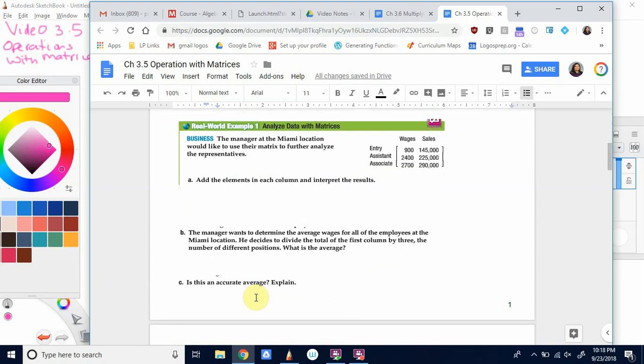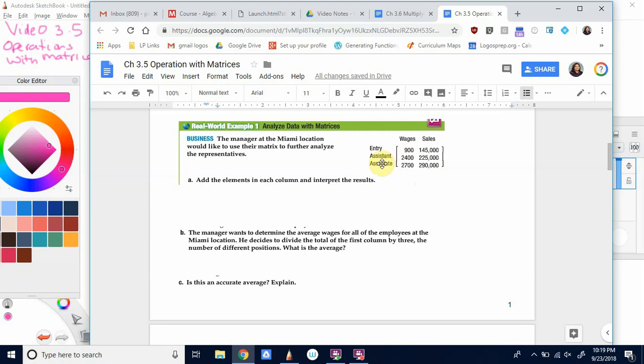It says the manager at the Miami location would like to use their matrix to further analyze the representatives. Here they're giving us the positions, their wages, and the sales, with regard to the Miami location. An entry-level position makes $900.